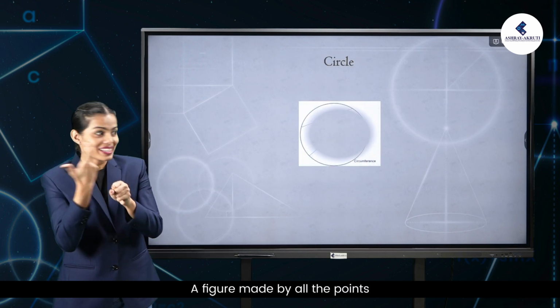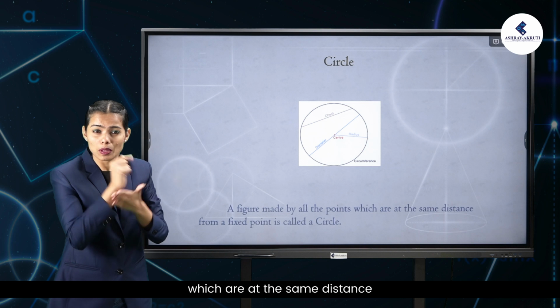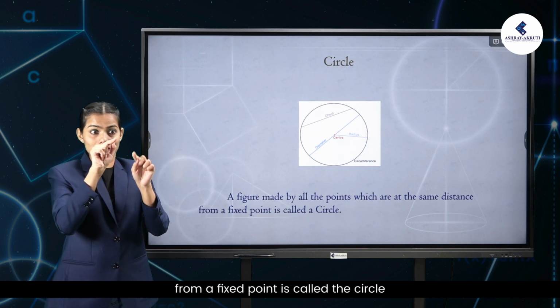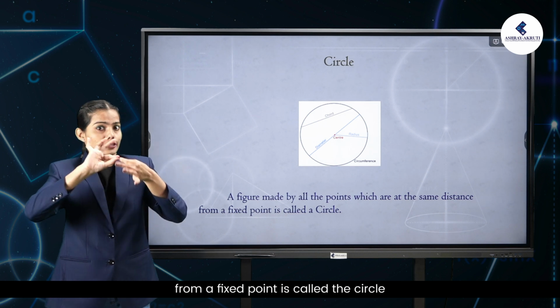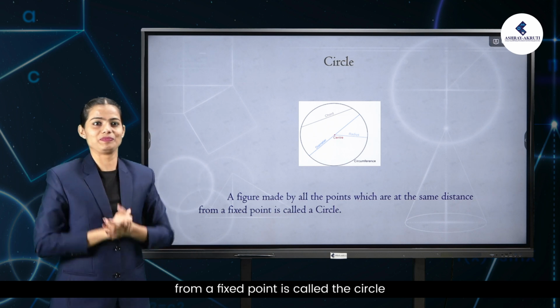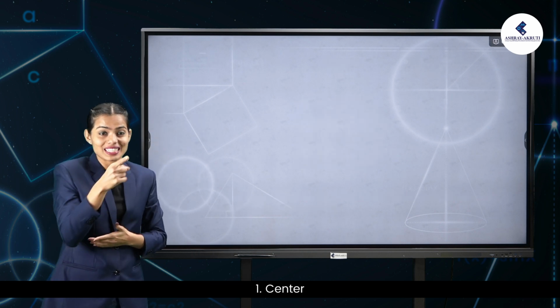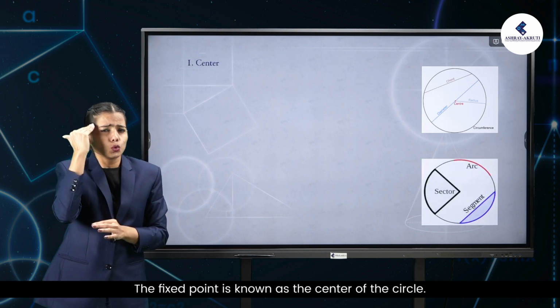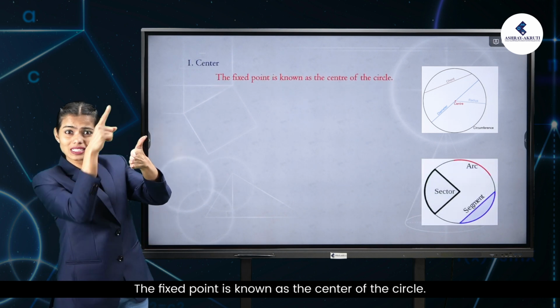A figure made by all the points which are at the same distance from a fixed point is called a circle. Center. The fixed point is known as the center of the circle.